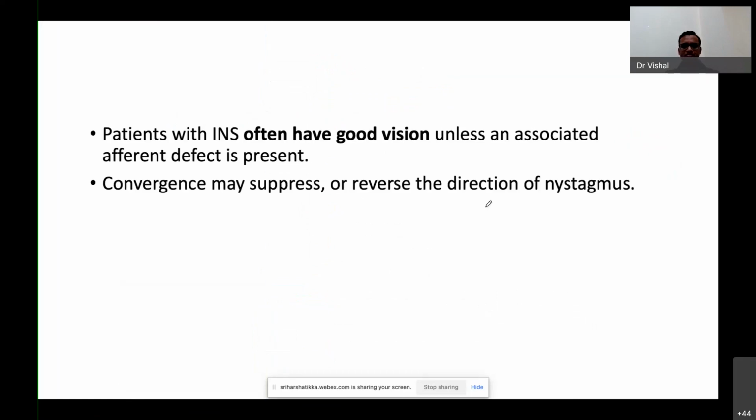Patients with infantile nystagmus syndrome often have good vision unless associated with afferent defects, and convergence may suppress or reverse the direction of nystagmus. So, I will show you one of my cases.